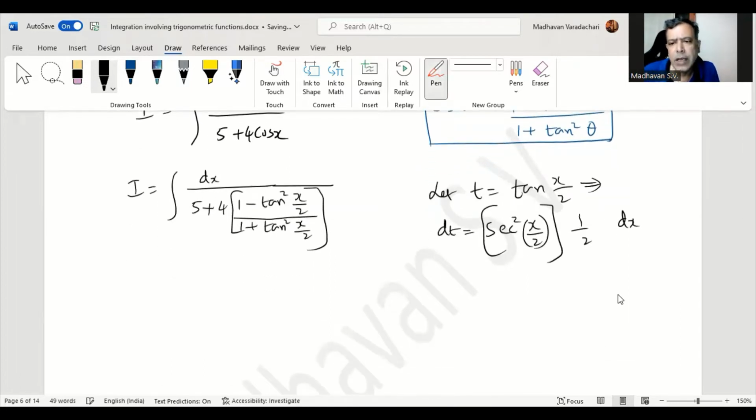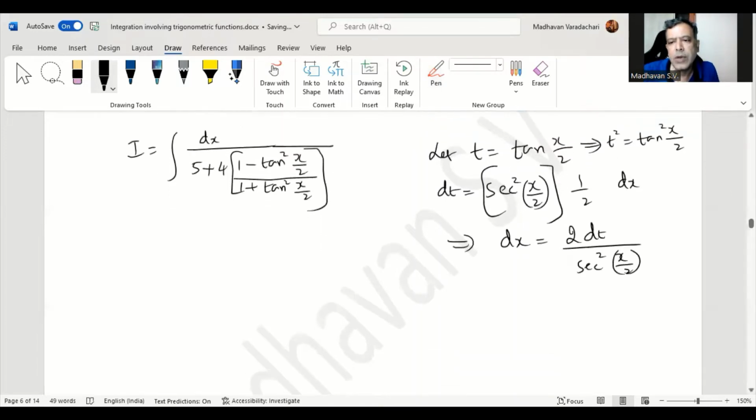Further, when you have t as tan x by 2, t square will become tan square of x by 2. So here we can rewrite this dx as 2 dt divided by secant square of x by 2.